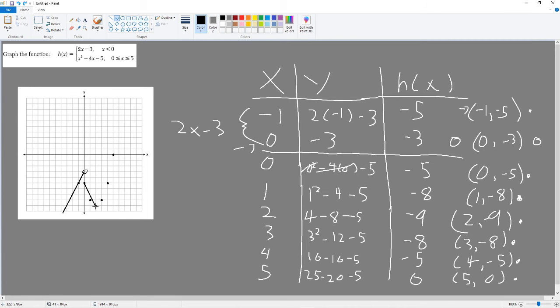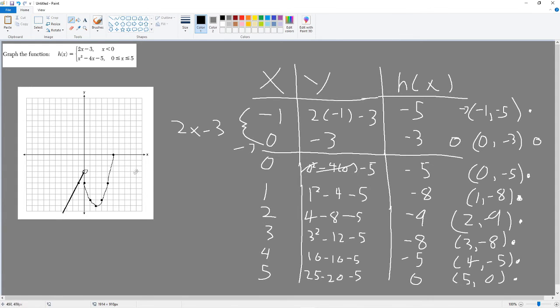So let's graph this. Alright, I don't know how to do this actually with the line tool, but this is what it looks like.